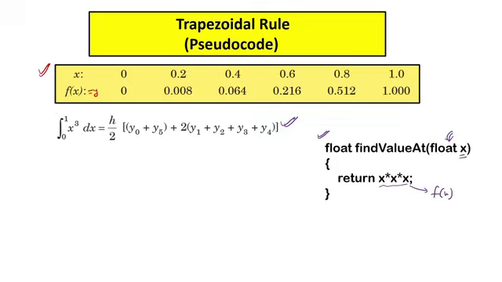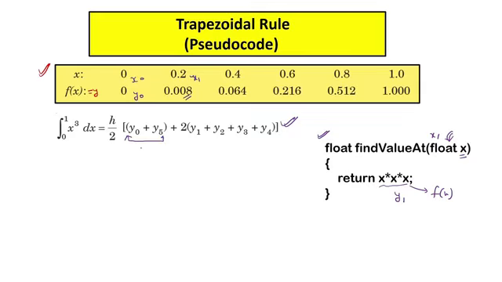So with this formula, we provide x0 and it gives me y0. When I give 0.2, that is x1, as the input, it gives me y1, that is this value, and so on. Now in the formula you can see that these two values hold a unique property.